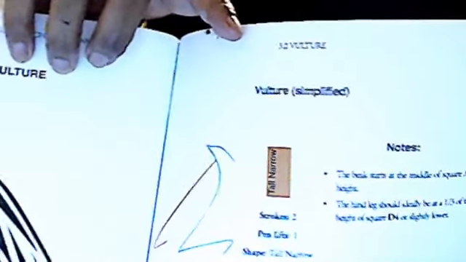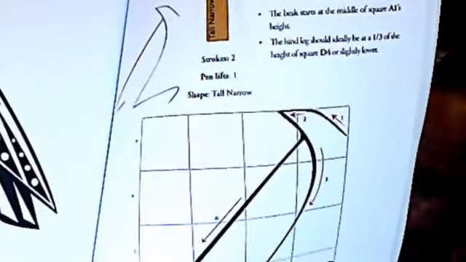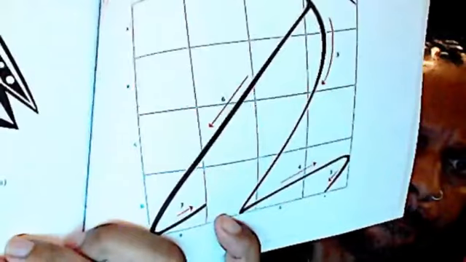And then on the next page, now you see the simplified version of it, in this case the vulture, and it tells you the shape of the sign, and that you will get to know when you read the book. Then it shows you the direction when you start to draw. You see that it's drawn within a grid, so that you have your proportions correctly, so you don't go around drawing things that are squeezed or too wide.